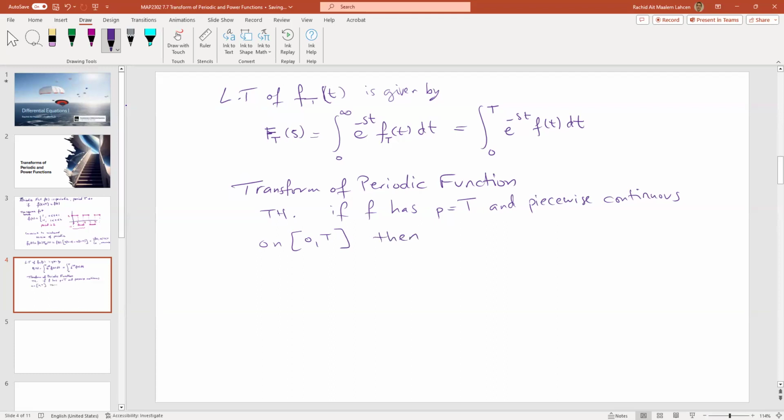then the Laplace transform here is given by the two integrals there, but let's expand on this.